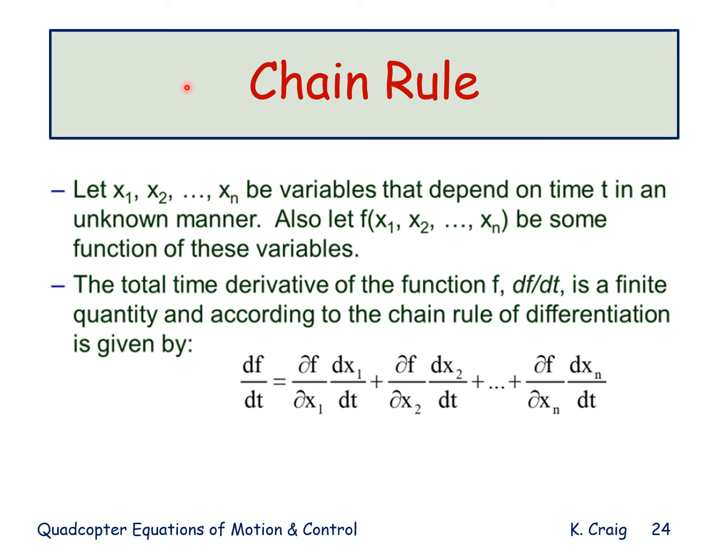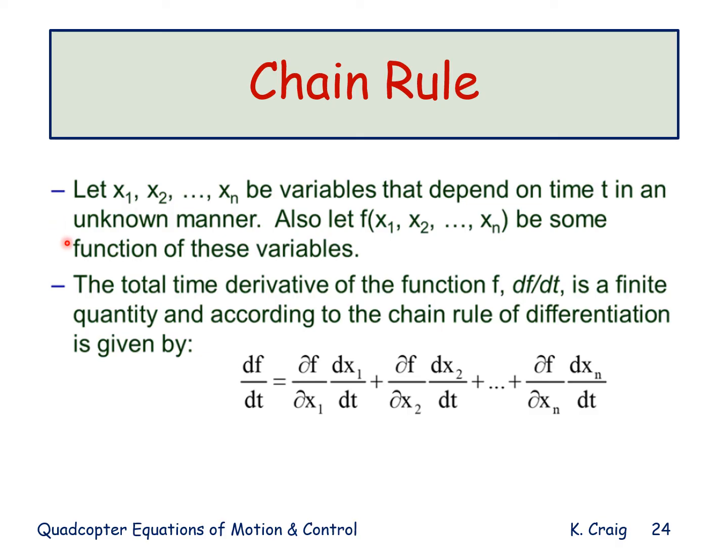In what follows, we will be using the chain rule. So as a refresher, let me define what that is. Let x1, x2, through xn be variables that depend on time t in an unknown manner. Also let the function f be a function of x1, x2, through x sub n.